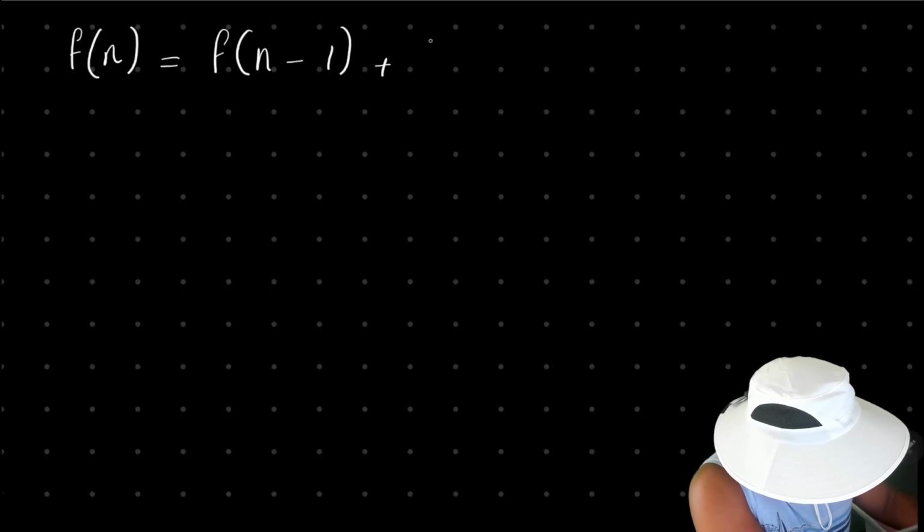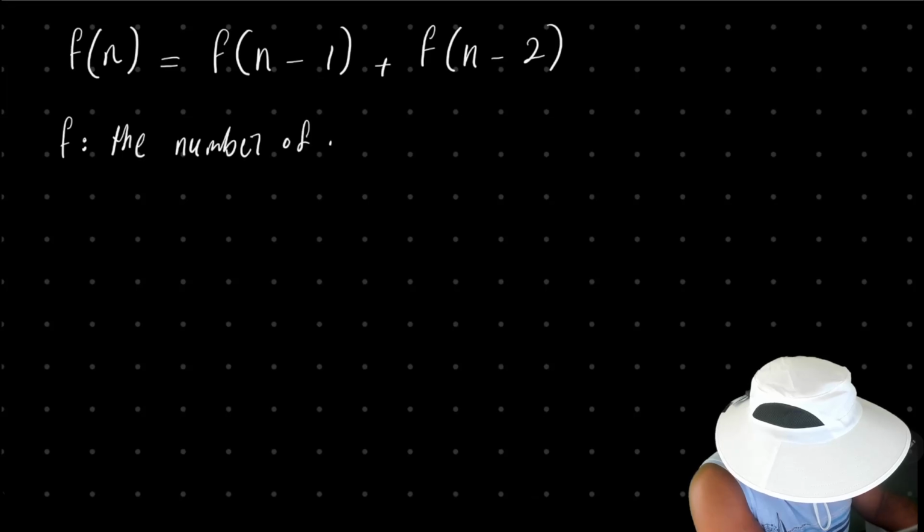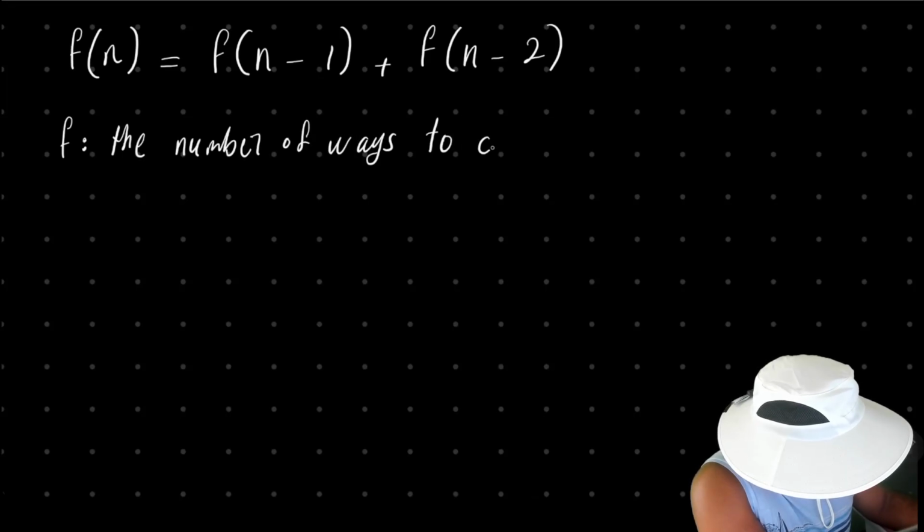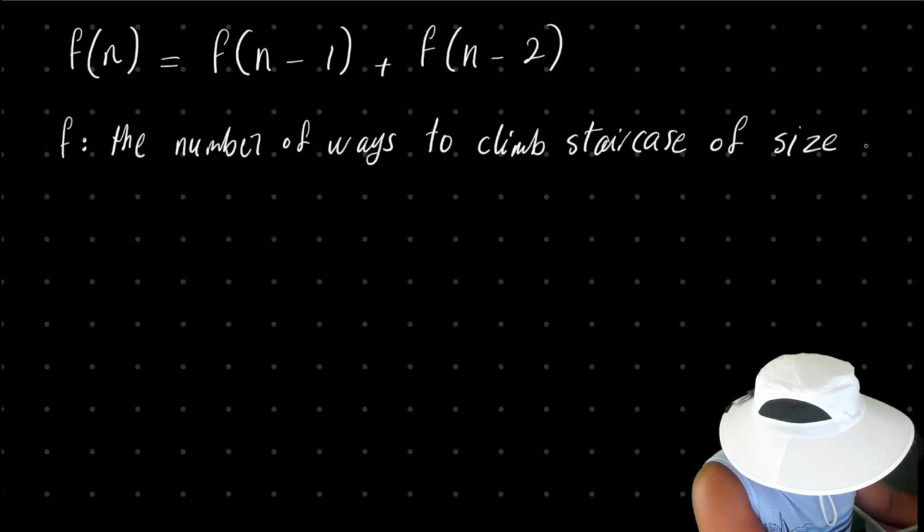Hey guys, so last time we derived the recurrence relation for our solution, and we discovered that the recurrence relation will be f of n equals f of n minus 1 plus f of n minus 2, where f here represents the number of ways to climb a staircase of size n.